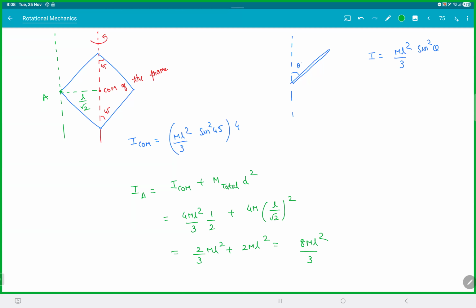See where it went wrong. Maybe here you took m instead of 4m. Or maybe you tried to find the moment of inertia for each rod separately. But if you take the whole thing as one system and take it from the center, it becomes easy, because when you take about the center, all the four rods are symmetrical. The result is this. Then you use the parallel axis theorem.